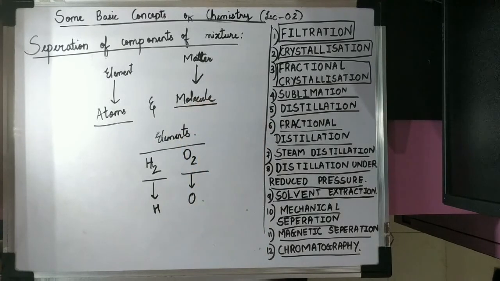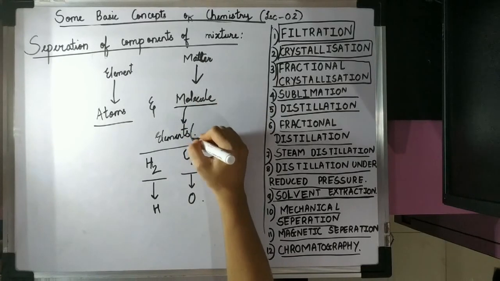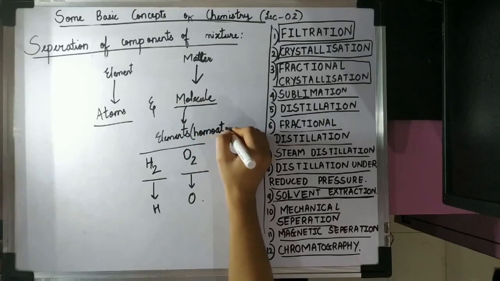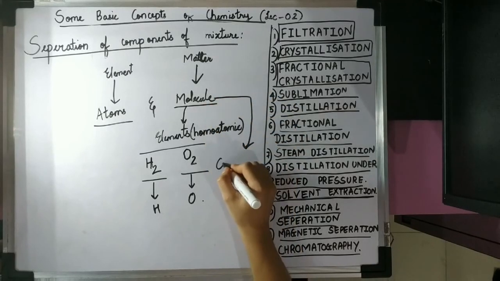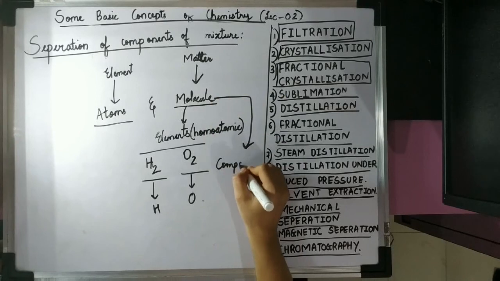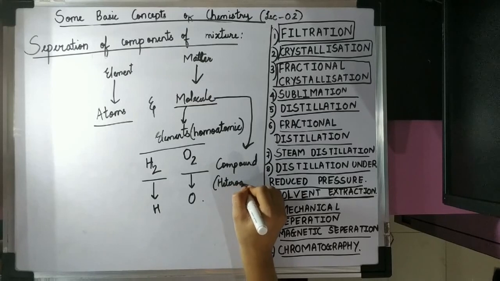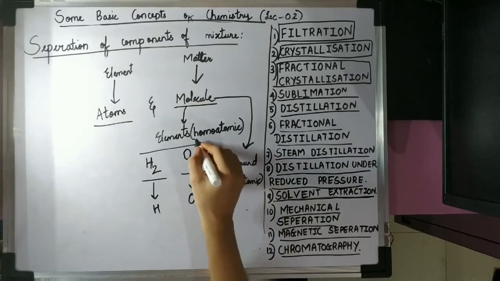But a molecule can also exist of a compound, and if so, it is heteroatomic. The word itself says there are two different atoms: hetero is different, homo is same. So heteroatomic means two different atoms.